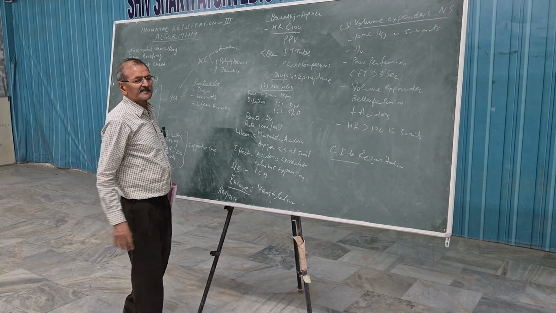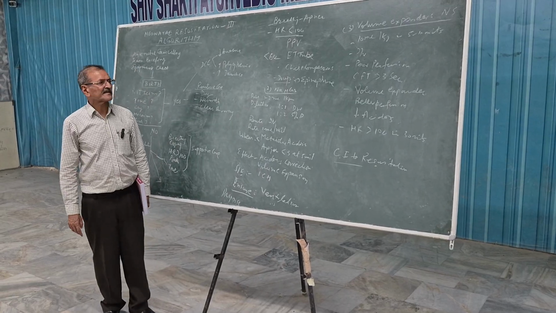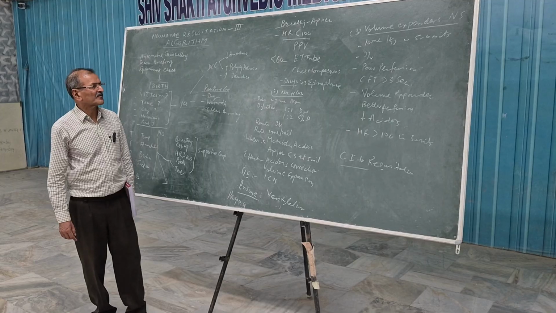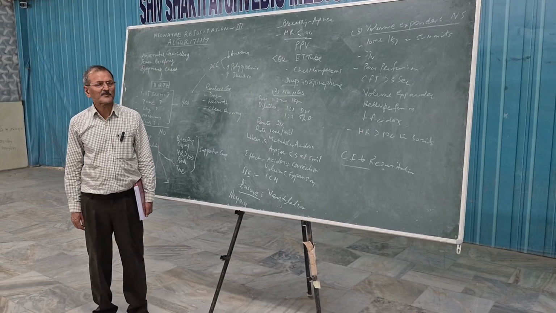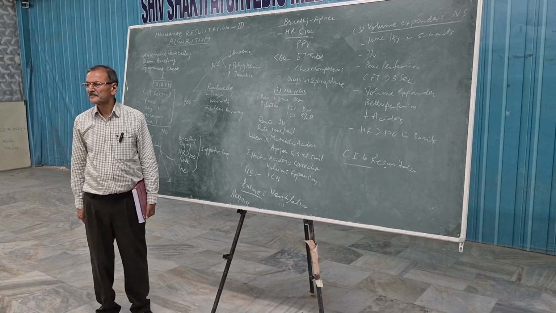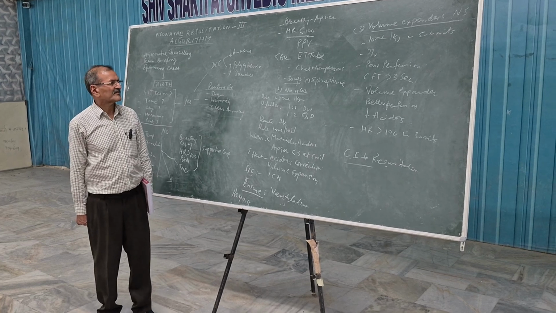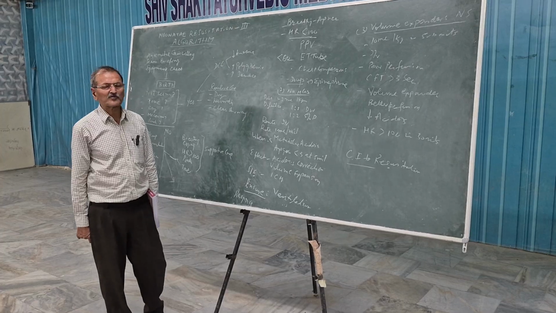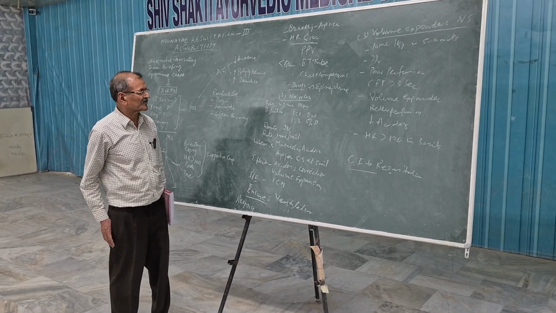Epinephrine we have discussed, we will not discuss. Second is the sodium bicarbonate. Sodium bicarbonate dose is, you can note down, 1 to 2 ml per kg. Dilution 1 to 1 in distilled water or 1 to 2 in 5% dextrose.